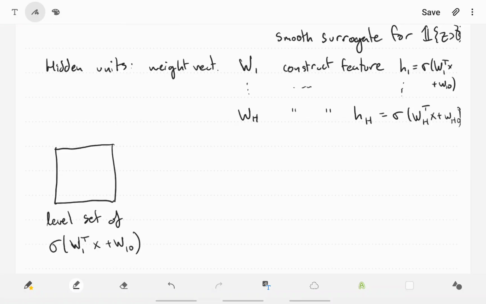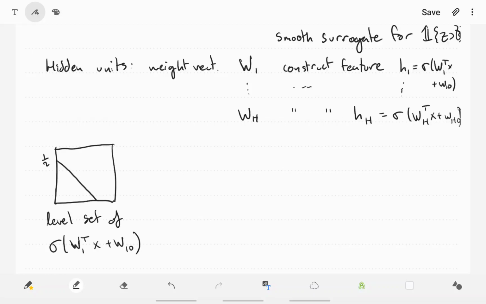If we think about this, the input to this activation function, this is linear, right? And the sigmoid function that we're using, say the usual sigmoid function, this is a monotonic function, and so its level sets are going to be linear as well, right? So you can think about maybe the point at which it crosses 1/2.